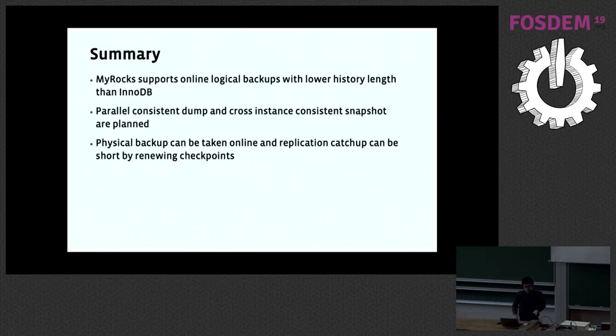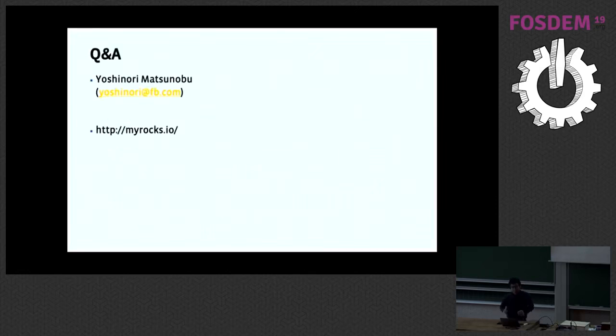And we have plans to support a parallel consistent dump or cross-instance consistent snapshots. The physical backup can be taken online as well, and the replication catch-up can be short by renewing checkpoints. Thank you. That's all from my presentation.